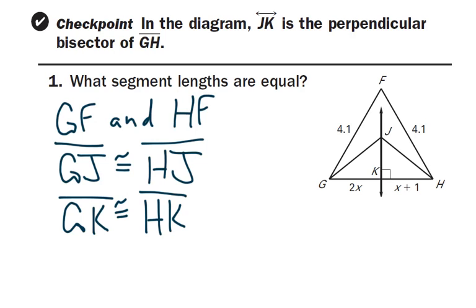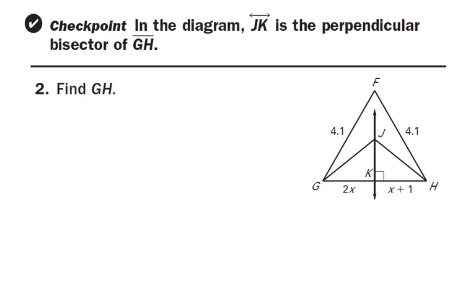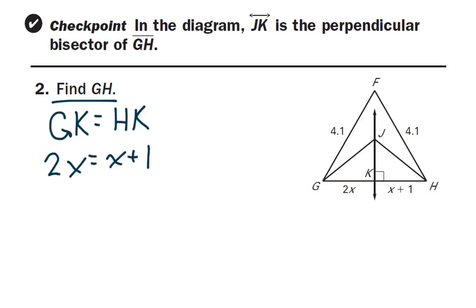All right, so next, go ahead and do checkpoint number 2. Find the length of GH. All right, so hopefully everyone got 4. Here's how that works. So we just said that GK and HK are the same length. So 2x equals x plus 1. Subtract x from both sides and we get x equals 1.